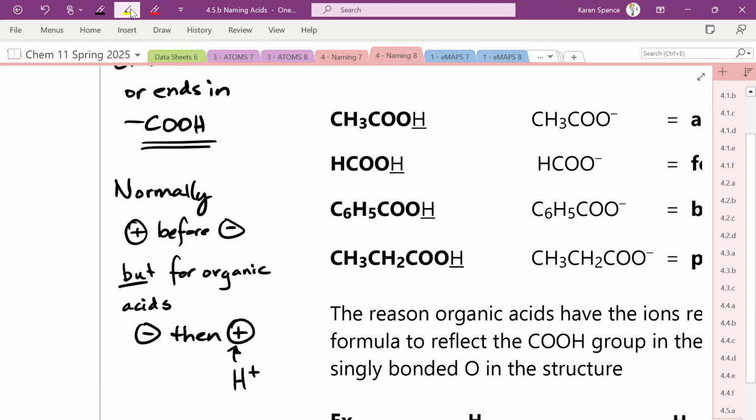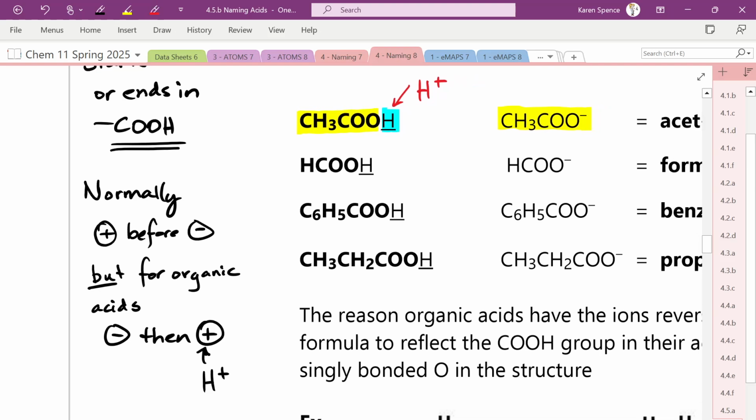So we might have CH3COO, and then we have our H. Okay, so our negative ion goes first, the CH3COO minus, and then that right there is the H plus.